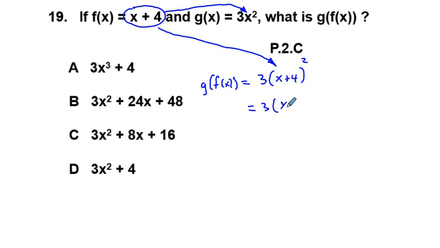I'm just going to rewrite this as x, you have first squared plus 2 times the first and last plus last squared, which is going to be 16. And then if you multiply through, you're going to get 3x squared plus 24x plus 48. So a composition of functions problem here, and answer choice B is our correct answer for that one.